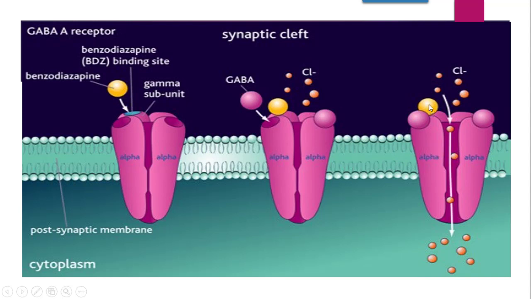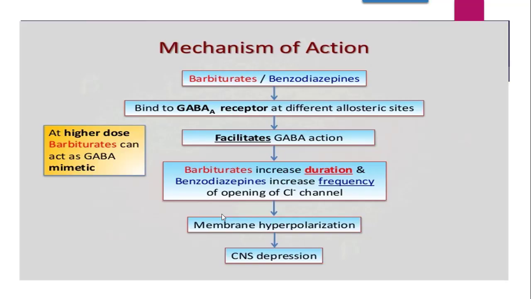So see, this is the benzodiazepine and GABA bound, then chloride, since there was a middle chloride pore, chloride influx will take place and chloride will flow, because of which this membrane will get hyperpolarized, and the GABA inhibitory action will get potentiated.